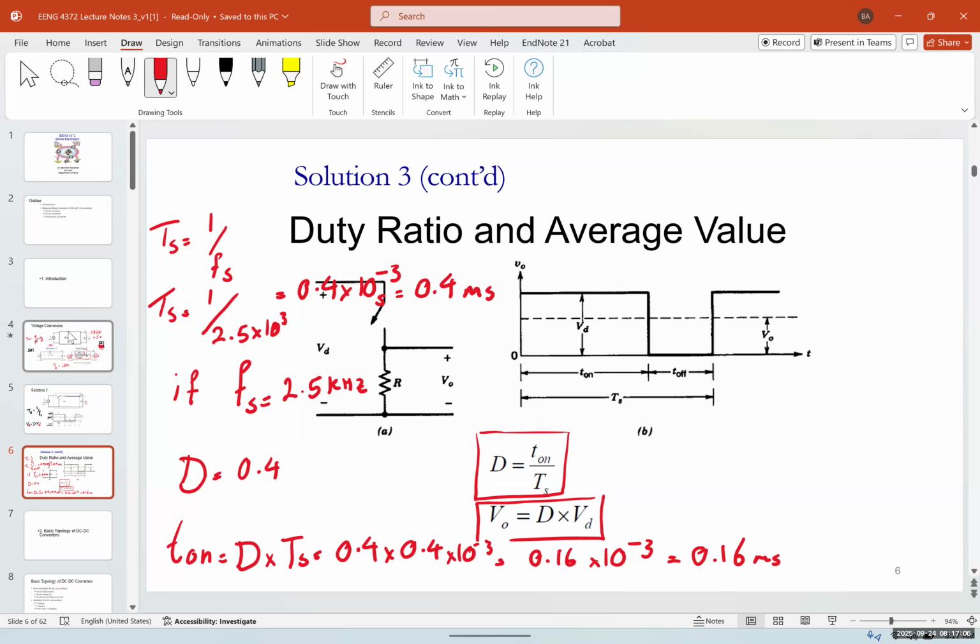Now the next question. If T off is equal to 4.5 milliseconds, and T on is equal to 5.5 milliseconds, and Vd is equal to, let's say, 3 volts, what is V out equal to?